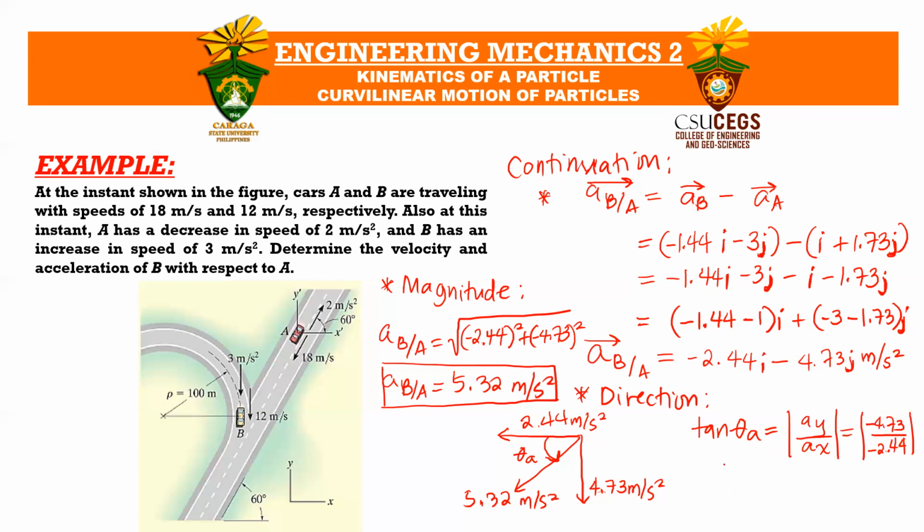Negative 4.73 over negative 2.44 is 1.939, and we take the inverse tan of that, which is equal to 62.71 degrees, in the counterclockwise direction.